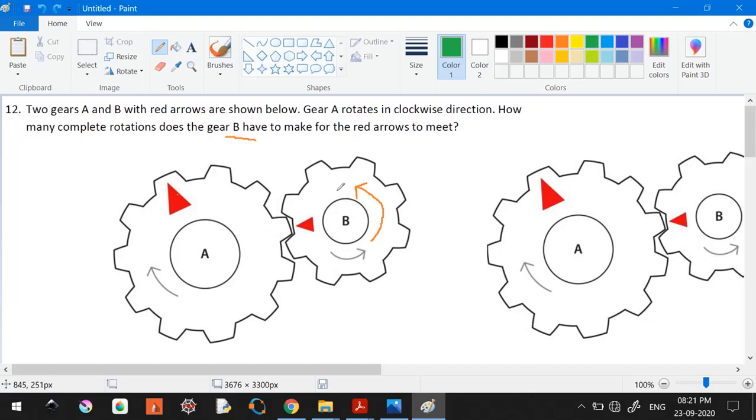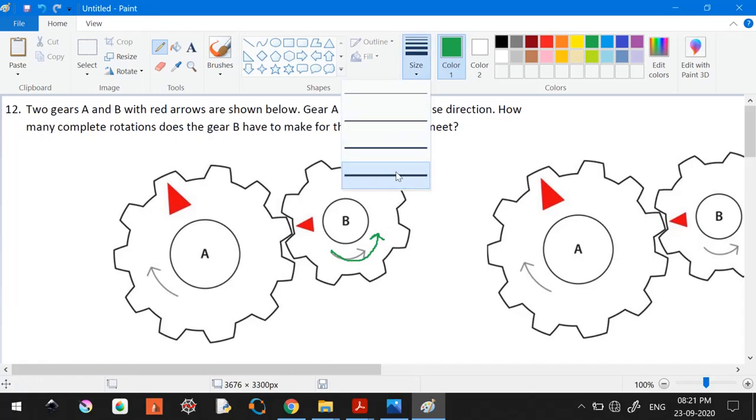So the first thing we need to check is, because B is the turning thing, B is the one which is turning like this.